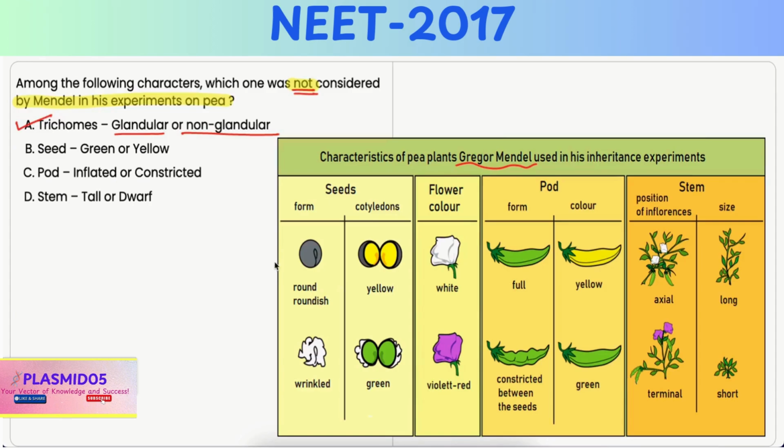Rather, his focus was on the 7 observable traits like seed color, yellow or green, then seed shape, round or wrinkled, then pod color, green or yellow, pod shape, inflated or constricted, flower color, purple or white, flower position, axial or terminal, and stem length, that is tall or dwarf. But trichomes was not among these traits.